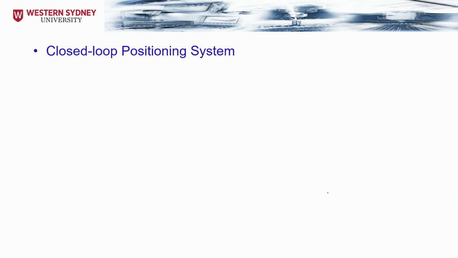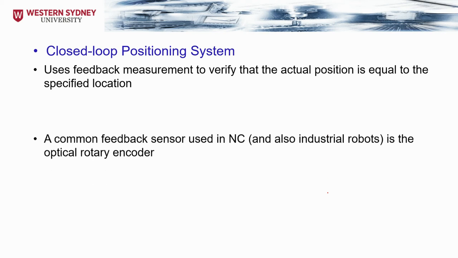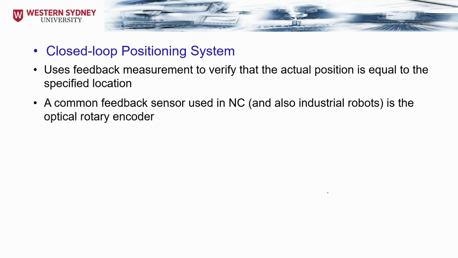Now, the other type of positioning system is the closed loop. We said that the closed loop system uses a feedback measurement to verify that the actual position is equal to the specified location. A common feedback sensor used in numerical control and also in industrial robotics is the optical rotary encoder.